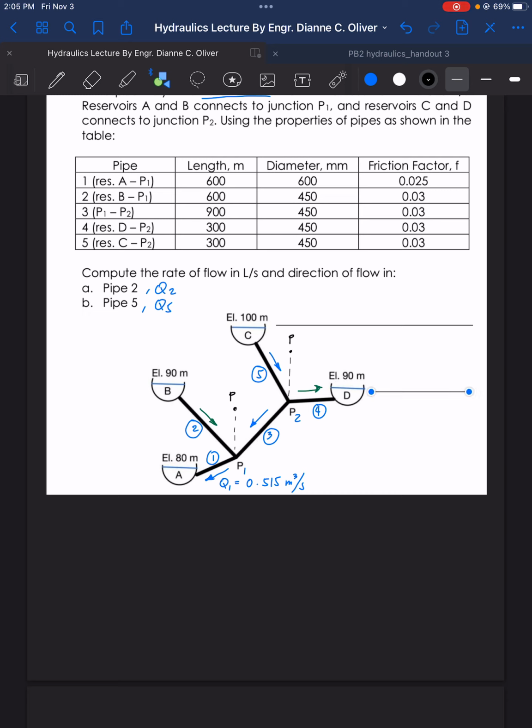So this is our HD. HD here is 100 minus 90, so HD is equal to 10. Now how about HB?